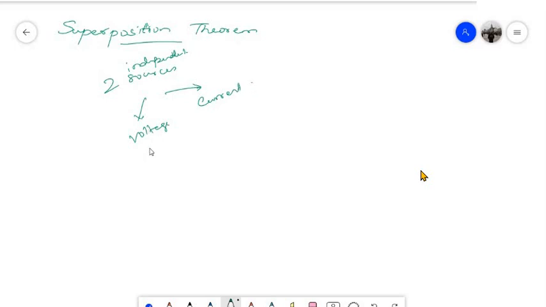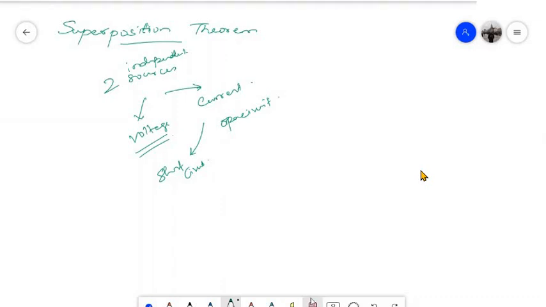Okay, and let's say when you are trying to analyze the effect of the voltage source, you can just open circuit the current source, and similarly when you are trying to analyze the current source separately, then you can short circuit the voltage source. You'll take one particular source at a time and then add the response of these two to get the net response of these two sources in the circuit.